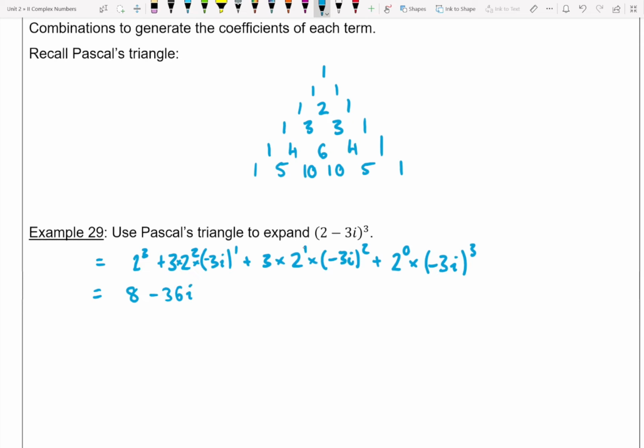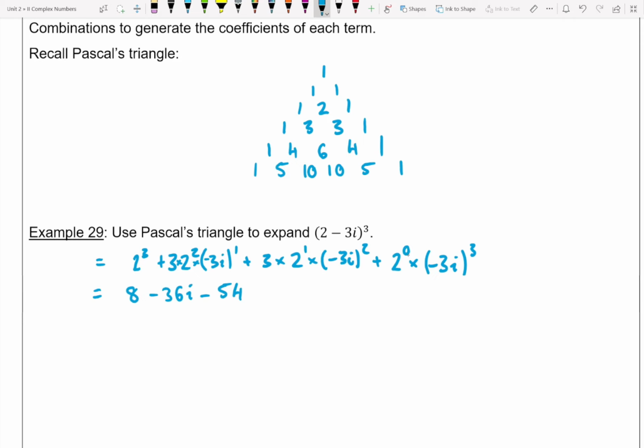Then we've got 3 times 2 to the 1 is 6, times negative 3, but we've got this i squared, so we're going to end up with 3 times 2 times positive 9 times negative 1. So 6 times 9 is 54, so this ends up being minus 54.